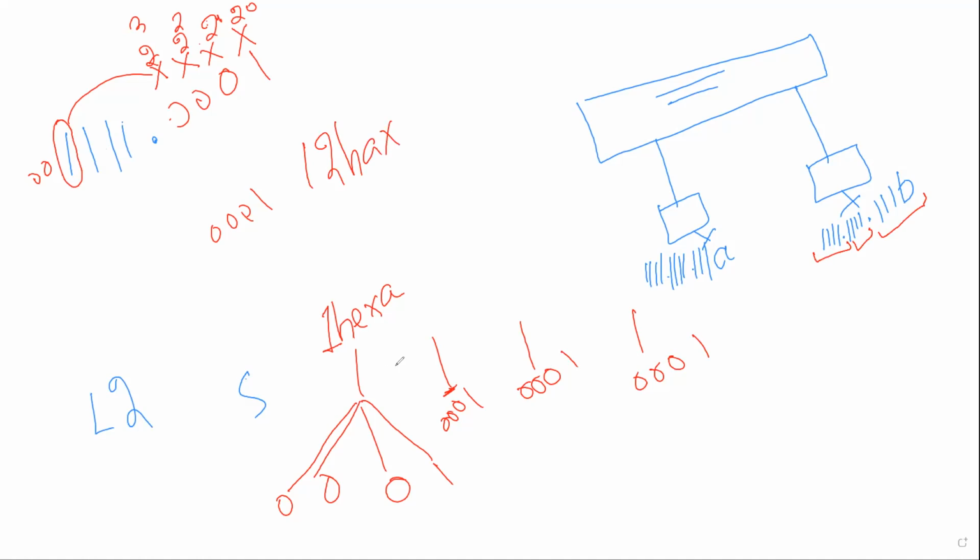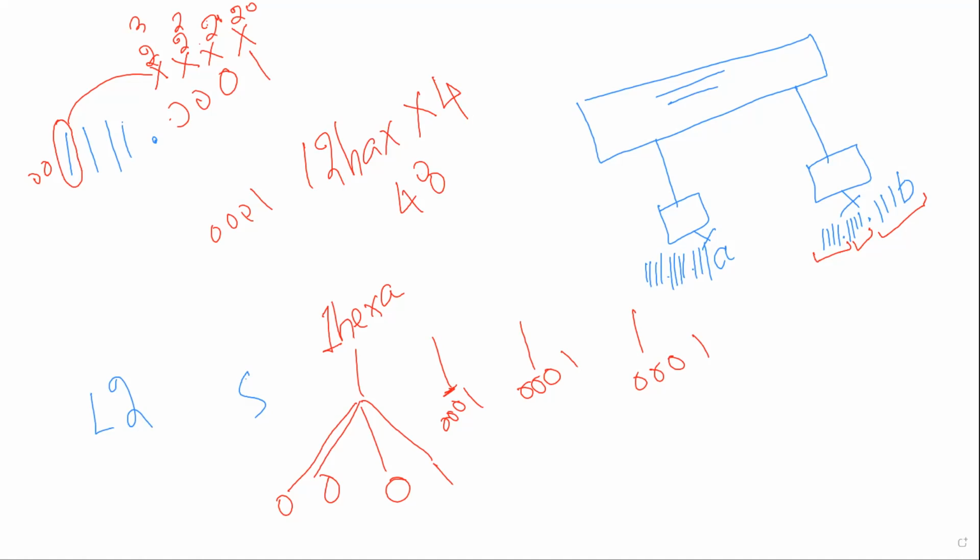Each 1 hexa is equivalent to 4 bits, which is 48. So the MAC address is 48 bits or 12 hexadigits.